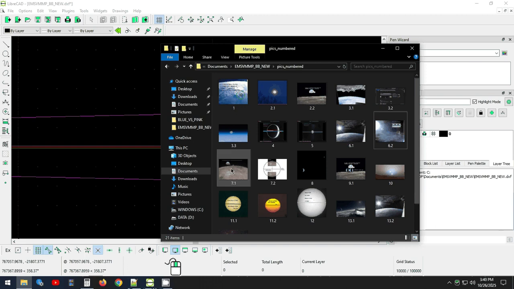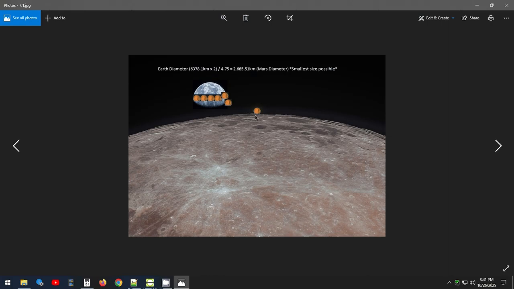Afterwards, because of the photographs that we have of Mars from the moon, I was able to calculate the same type of proportion. So we took the Earth diameter, which is 2 times the radius, and divided it by the number of times Mars appears at the same relativity.